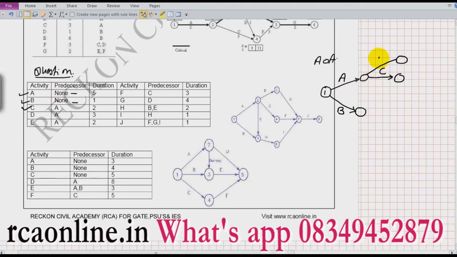So this is my D. Then I have E, which is preceded by A only. So this is my E, which is preceded by A only.